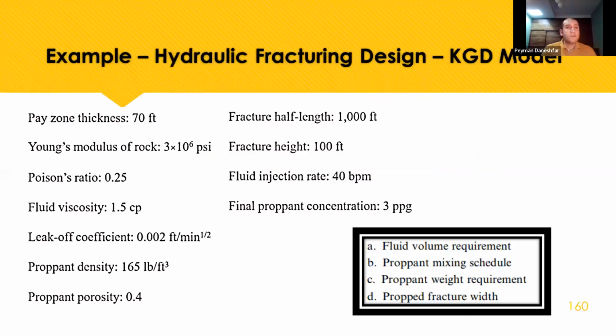So this is an example where we have the thickness, Young's modulus, Poisson's ratio, fluid viscosity, leak-off coefficient CL, proppant density, proppant porosity, fracture half-length, fracture height, fluid injection rate, and final proppant concentration. So we can find it.